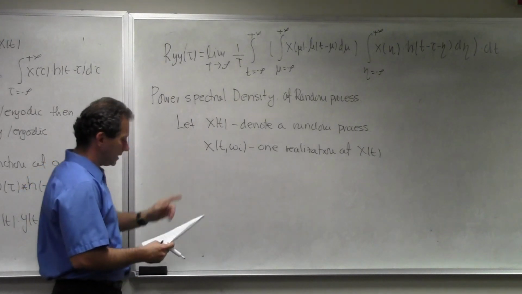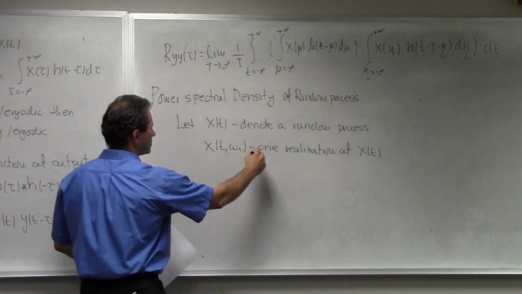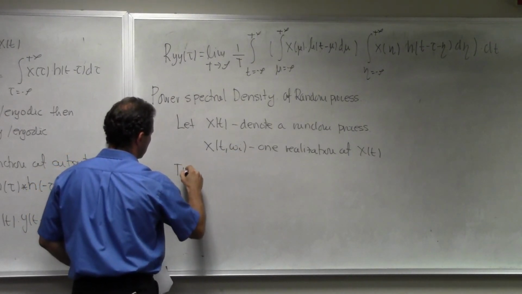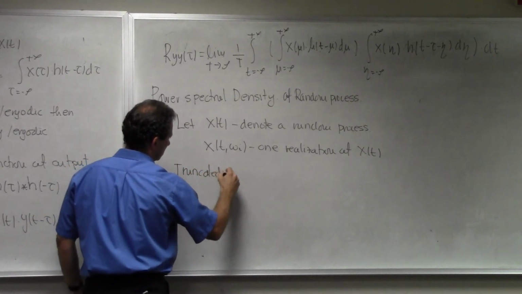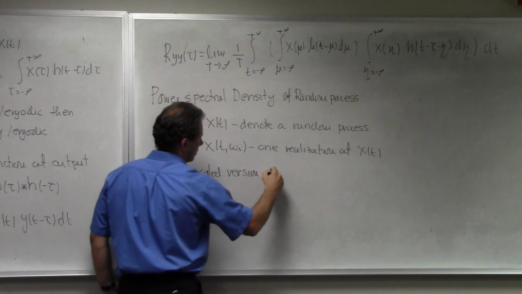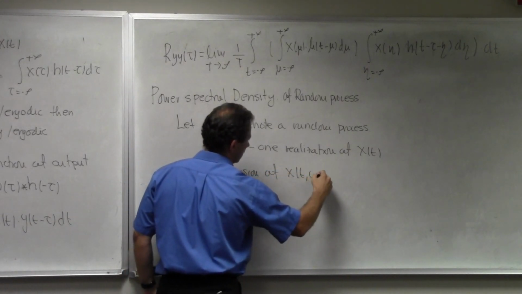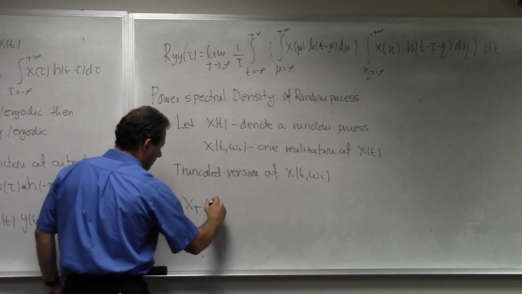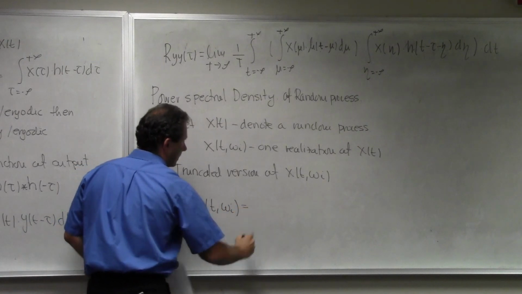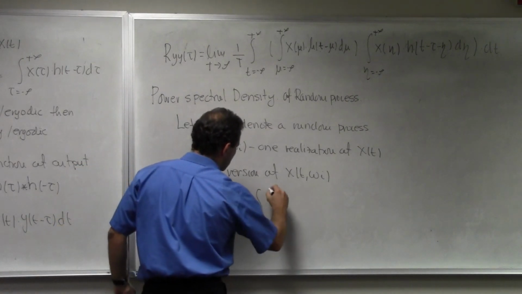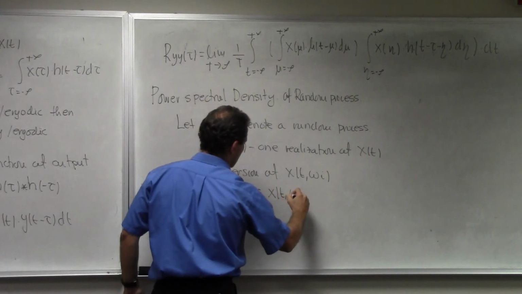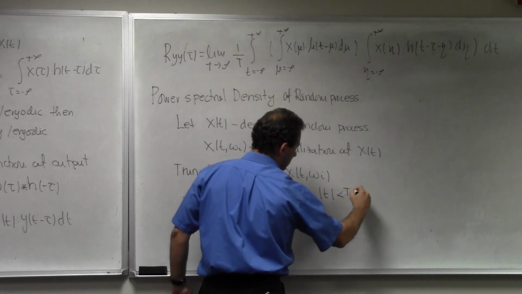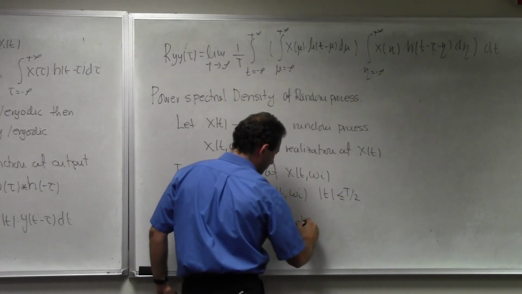To define power spectral density, we're going to define a truncated version of this guy. So a truncated version of x of t, omega i is going to be defined as x_T of t, omega i as this. It's going to be the same as this for t smaller than T over 2 and 0 otherwise.